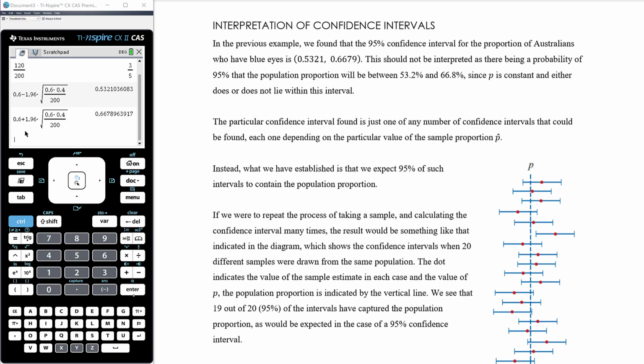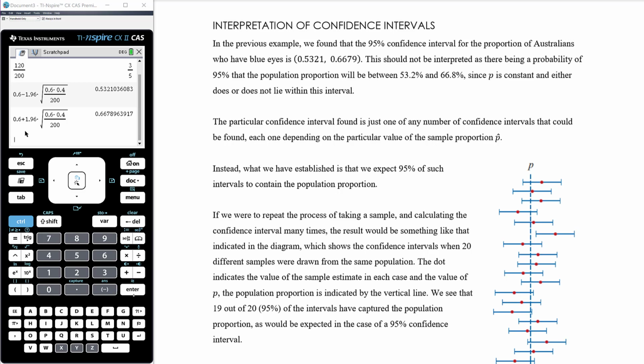Okay, since p is constant, it either does or doesn't lie within that interval. There is either a 0 probability or a probability of 1. So it's not about probability, it's about level of confidence that the proportion will lie somewhere between here and here. So it's important we make that distinction.